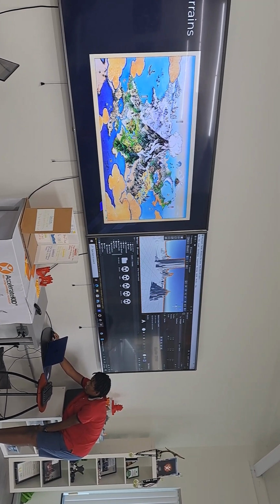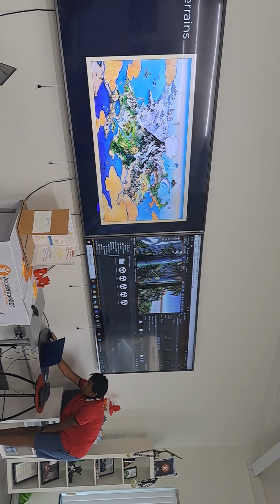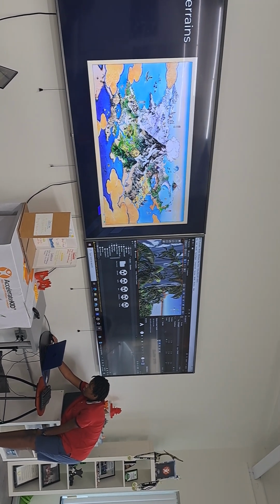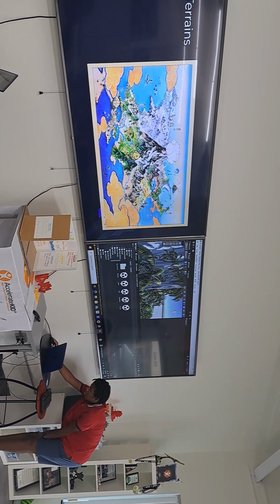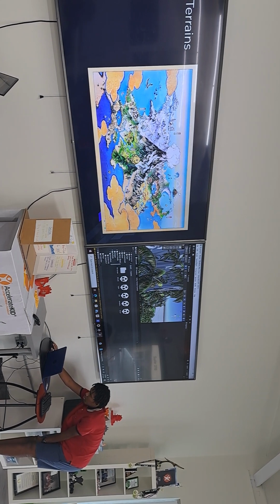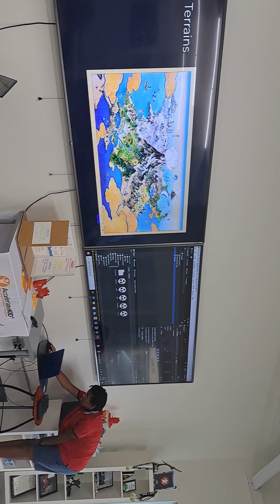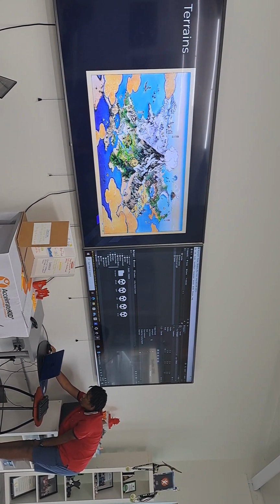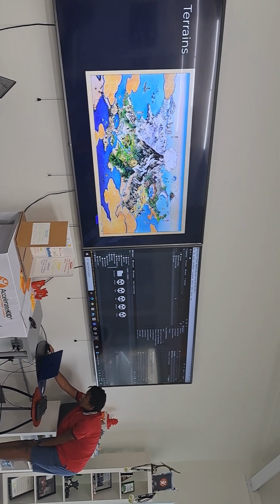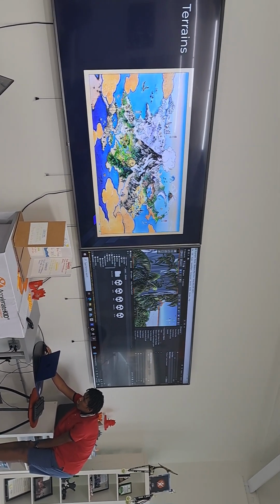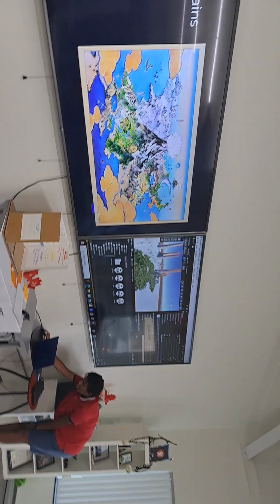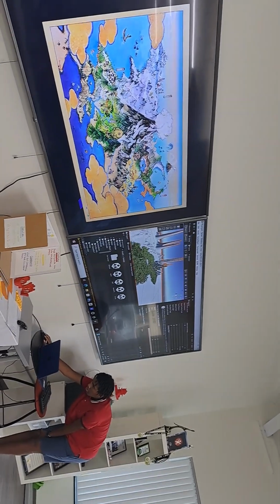If you want to raise the terrain, you would do that. You can create terrains with that, and you can do all that with it. As you can see, I already have trees in here.